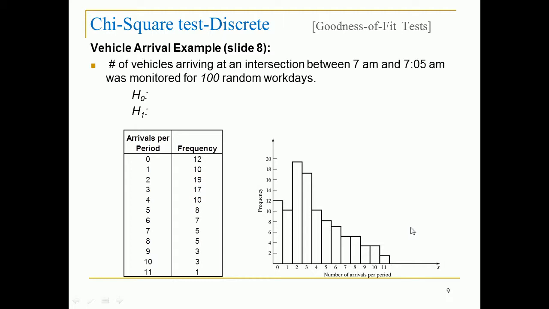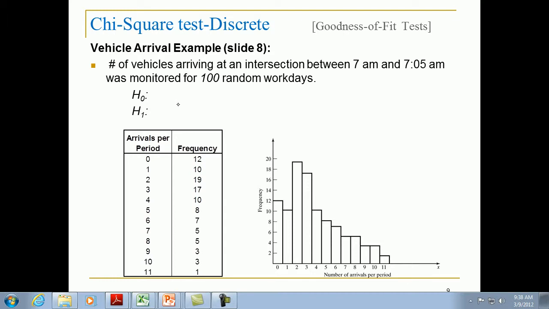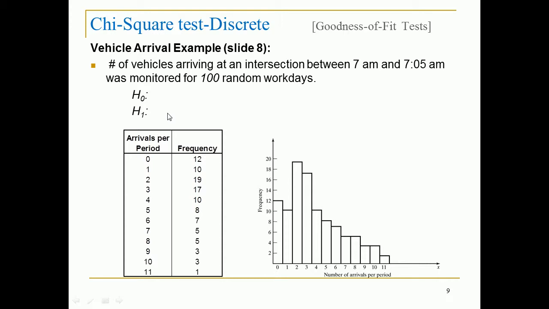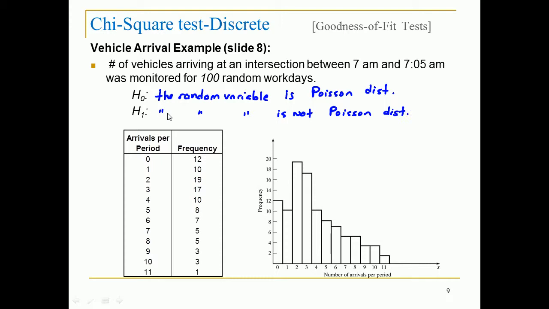So the first hypothesis, the null hypothesis, is this random variable is Poisson distributed, and our alternate hypothesis is the random variable is not Poisson distributed. Okay?